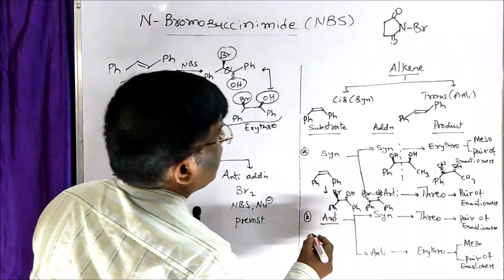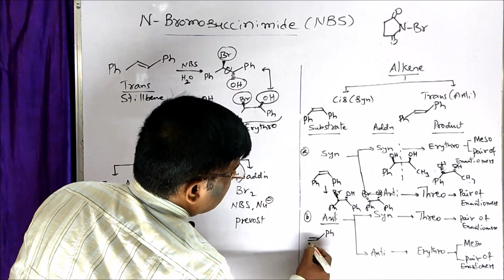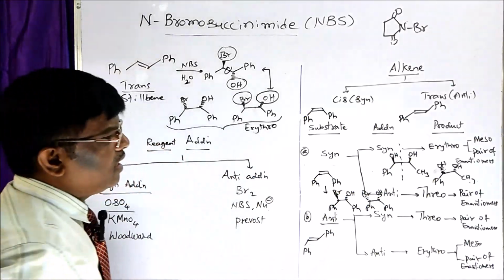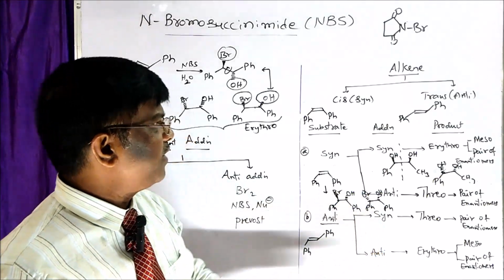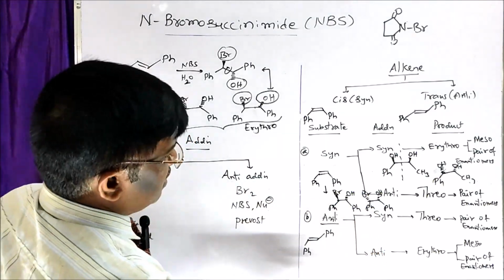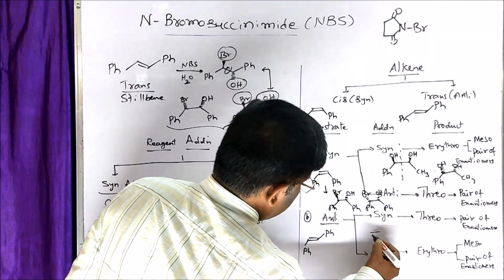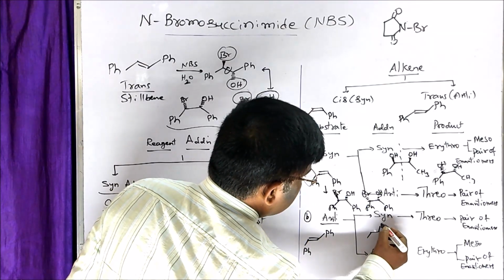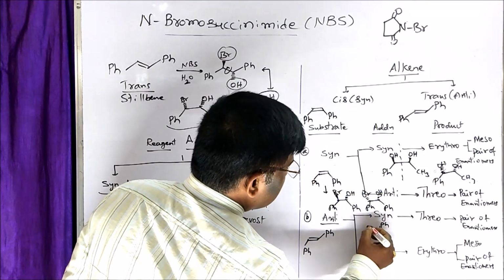However, if you take an anti compound, this is anti, this is trans stilbene, and do the syn addition, it is very important. So do the syn addition, for example osmium tetroxide.